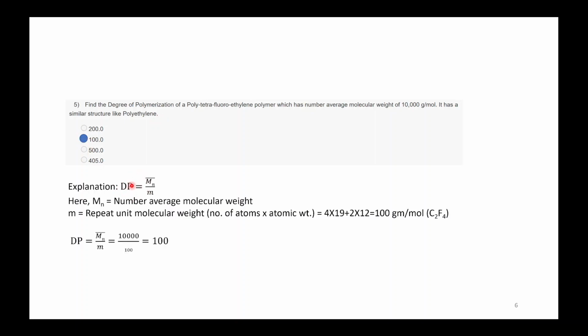The degree of polymerization is given by the formula Mn divided by M, where Mn is the number average molecular weight and M is the repeat unit molecular weight. Our repeat unit is tetrafluoroethylene, so it will be C2F4. We can get its molecular weight using carbon and fluorine. Fluorine is 19, so we multiply it by 4, and carbon is 12, so 12 multiplied by 2, giving 100 gram per mole.